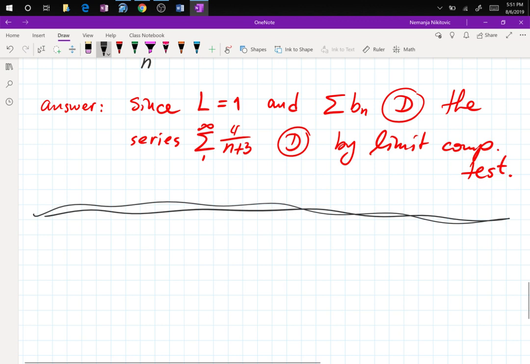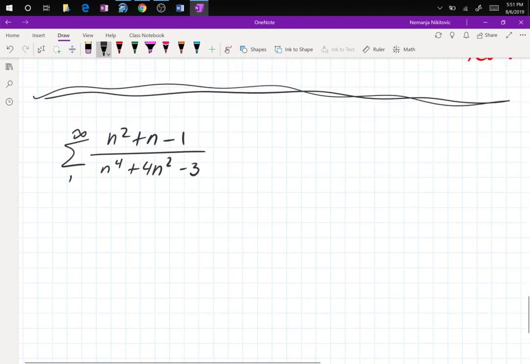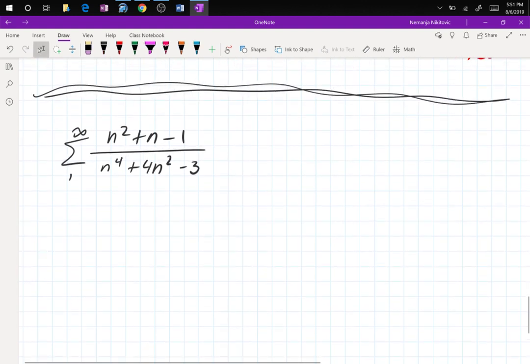Some of them are very tough and some are very easy. So this would be considered easy. Summation 1 to infinity of n squared plus n minus 1 divided by n to the fourth plus 4n squared minus 3. So this is considered easy, and you can use either of the two comparison tests.